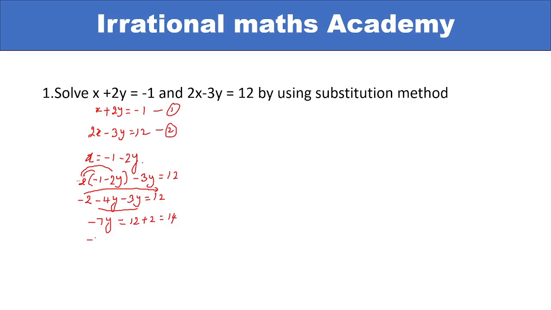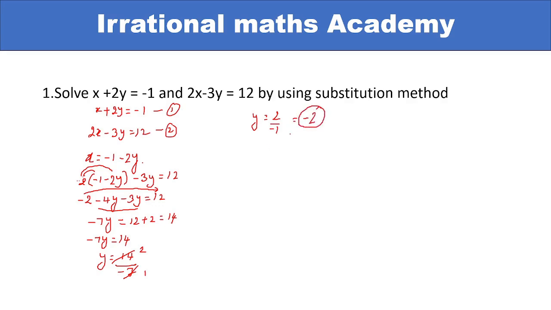So I get minus 7y equal to 14, y equal to 14 by minus 7. 7 ones are 7, 7 twos are 14, so y equal to 2 by minus 1, or minus 2 you can write.